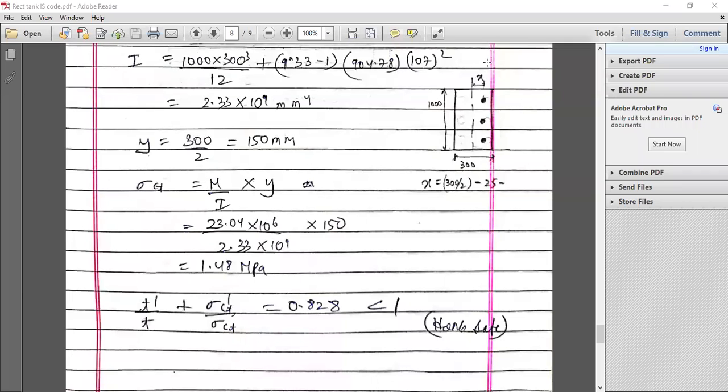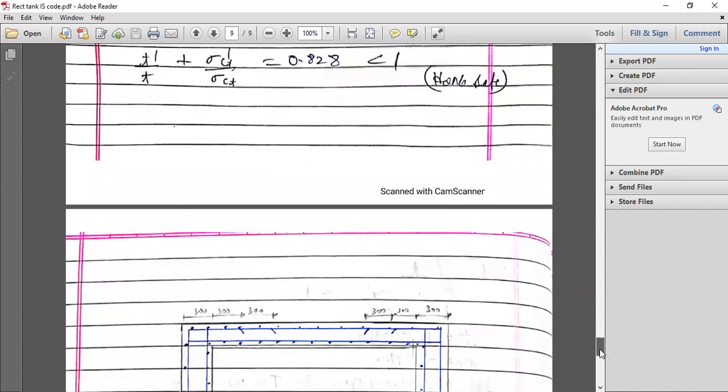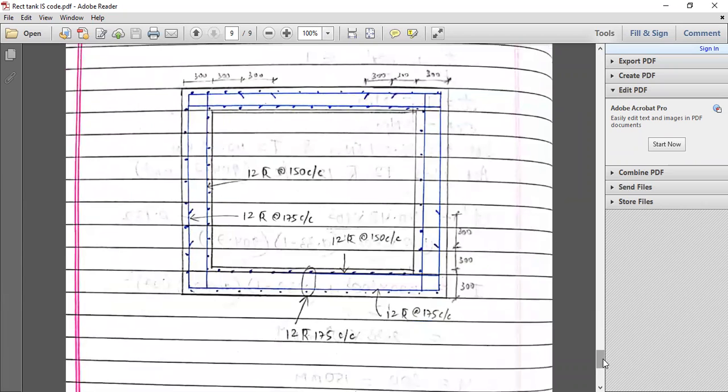So now after this, the check is safe. You can draw the reinforcement detailing. Okay, so draw the reinforcement detailing. Show the reinforcement. Show the dimensions of the rectangular water tank.